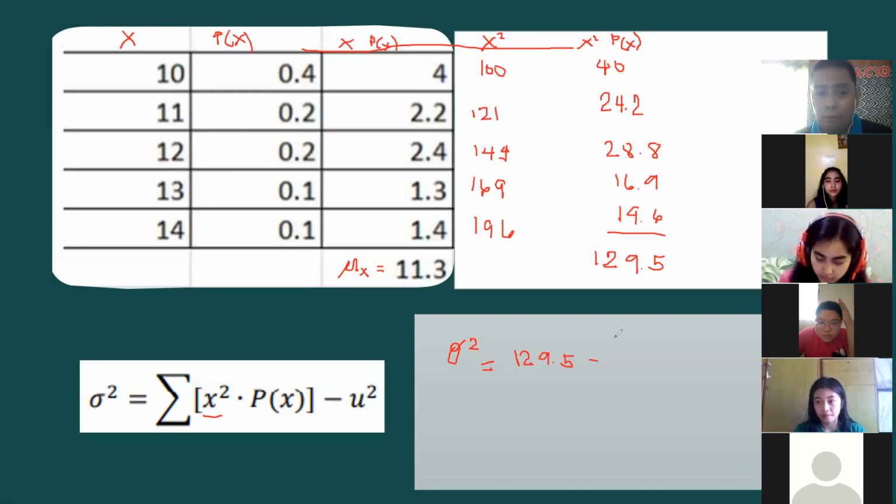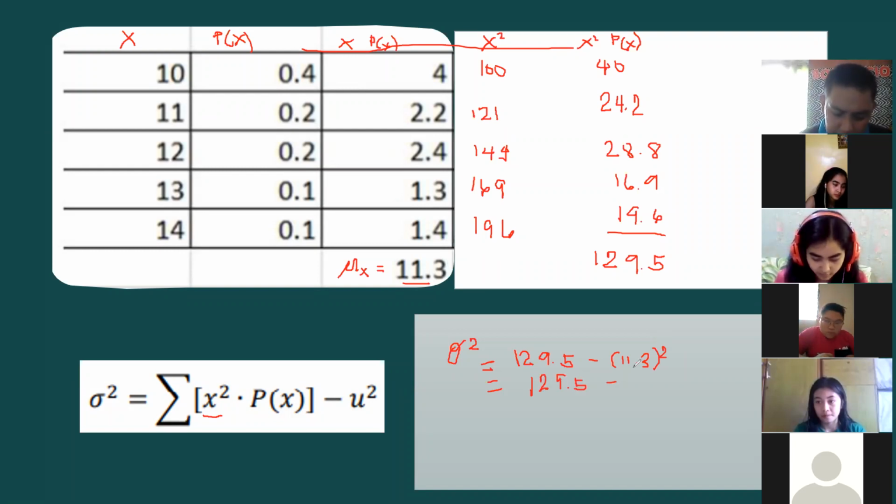So kuhanin natin ang mu natin, which is 11.3, squared. So 129.5 minus 11.3 times 11.3.